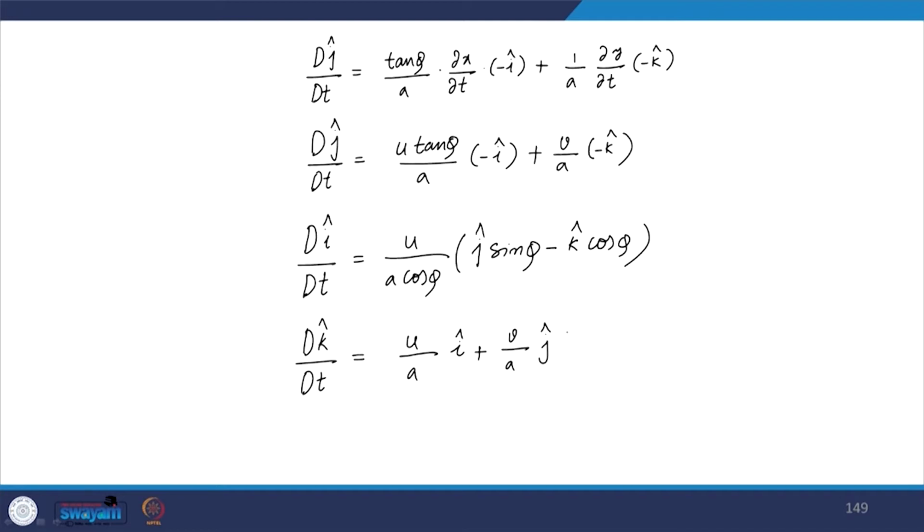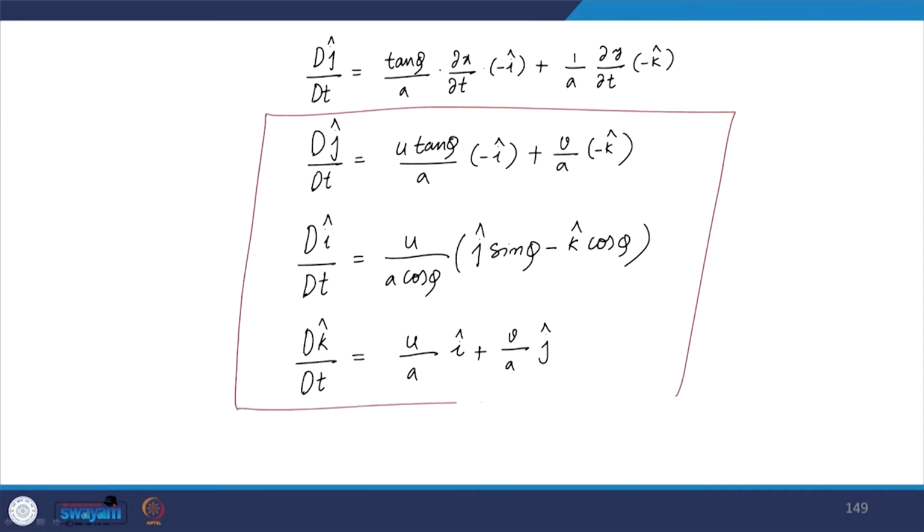Now finally, we have these three expressions, these three rates of change of unit vectors following the motion: d i cap by dt, dj cap by dt and dk cap by dt. We are simply trying to write down what du by dt is. You have to remember, we started with writing the acceleration in a non-inertial frame of reference, then we ended up with the complete Navier-Stokes equation, the complete momentum equation.